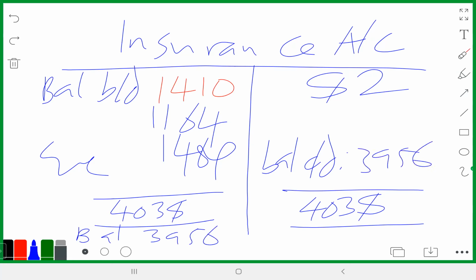The same will be the balance brought down on the other side. And you can see that it has the debit balance. These are expenses. They have the debit balance like that, because on the trial balance, all expenses have a debit entry.